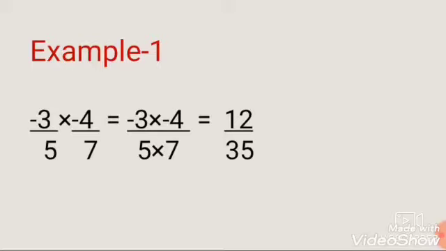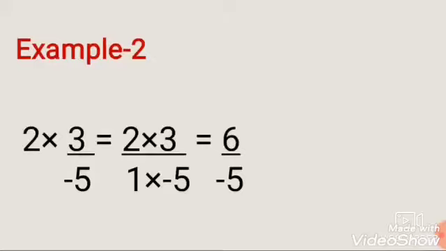When I multiply minus 3 into minus 4, I get 12. Likewise, when we multiply 5 into 7, we get 35. So the multiplication of numerator is 12 and the multiplication of denominator is 35. So the answer is 12 by 35.